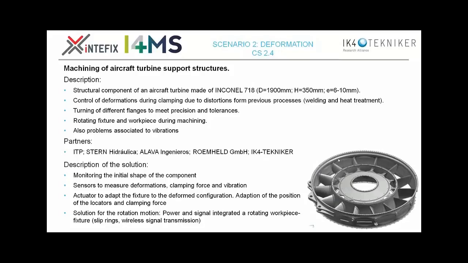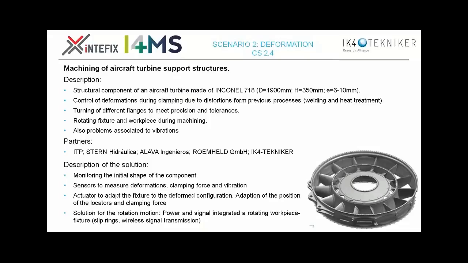So the machining areas in this workpiece are these flanges, this external flange, this internal flange, and also this one, and the same on the other side of the component. As after the machining process the workpiece is deformed by the welding, we have to adapt the fixture to clamp the workpiece without introducing additional deformations.